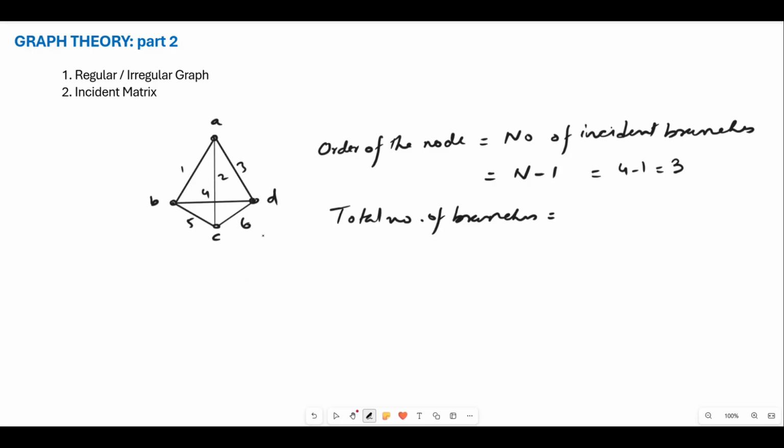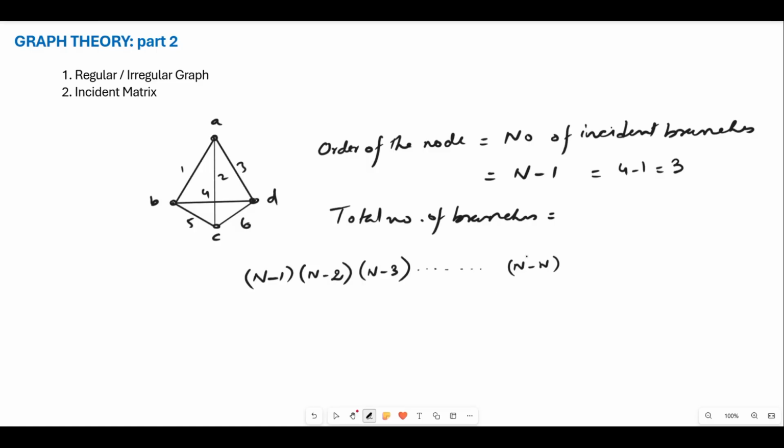So for node A, the count will be n minus 1. For node B, it will be n minus 2. For node C, it will be n minus 3. If we consider n number of nodes, it will continue up to n minus n, which is equal to 0.